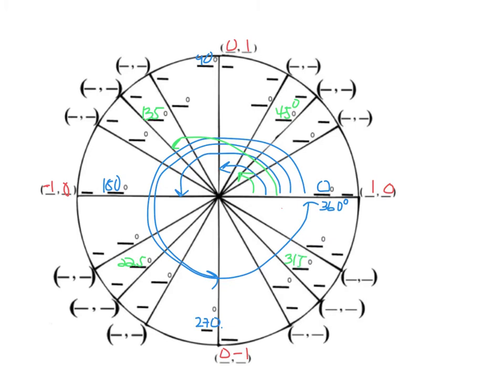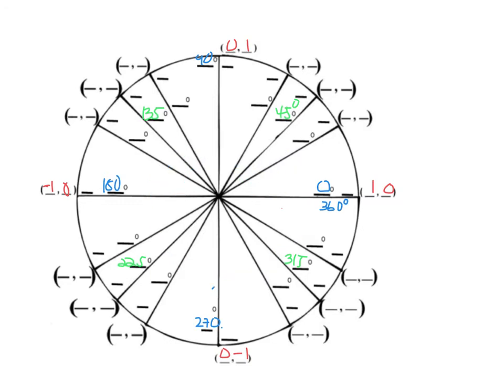For those ones, I want you to keep in mind that the 45 is this angle right here. So actually this is a 45, 45, 90 triangle. That means that the x value here and the y value there are the same. Those are equal.